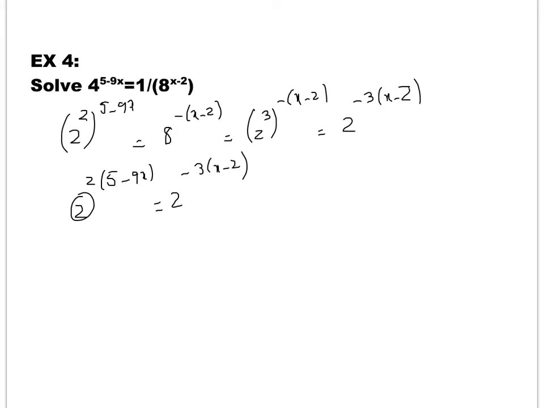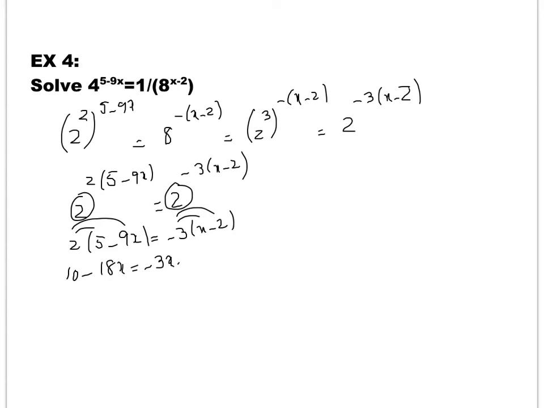Since now the bases are both 2, I can equate the exponents. So I get 2 times 5 minus 9x is negative 3 times x minus 2. If I distribute 2 inside the bracket and negative 3 inside the bracket, I get 10 minus 18x is negative 3x plus 6.